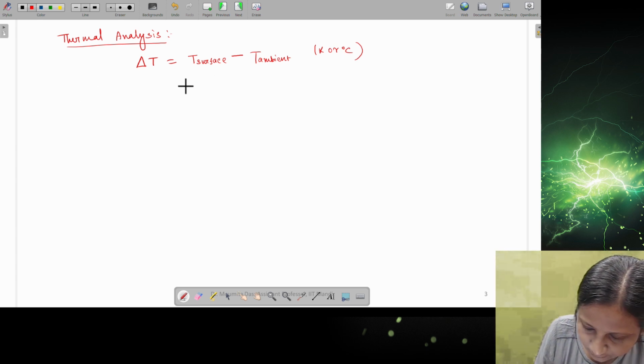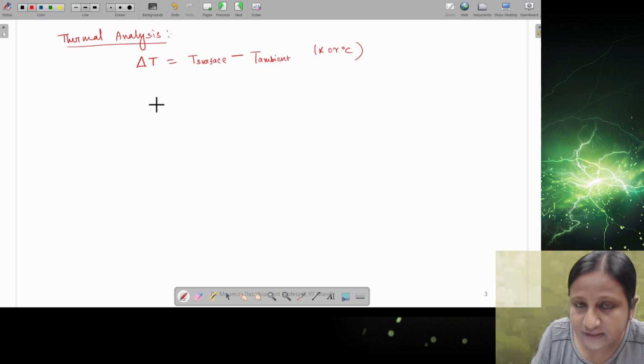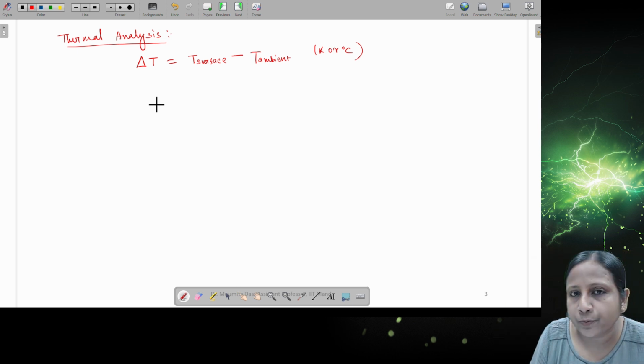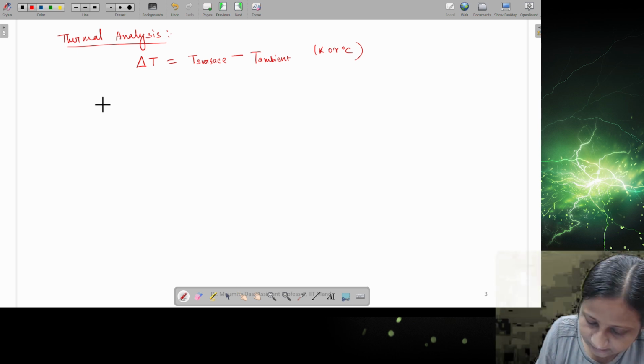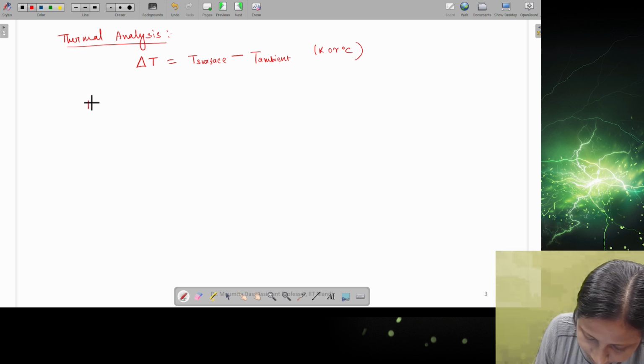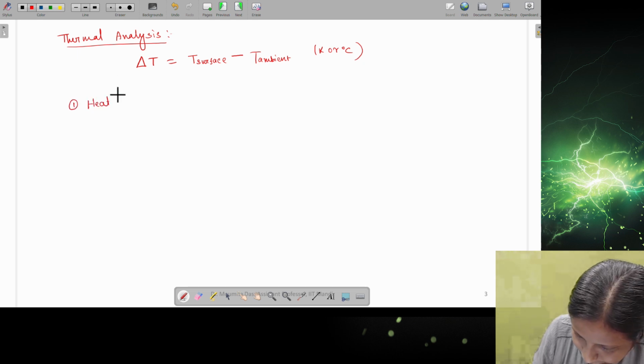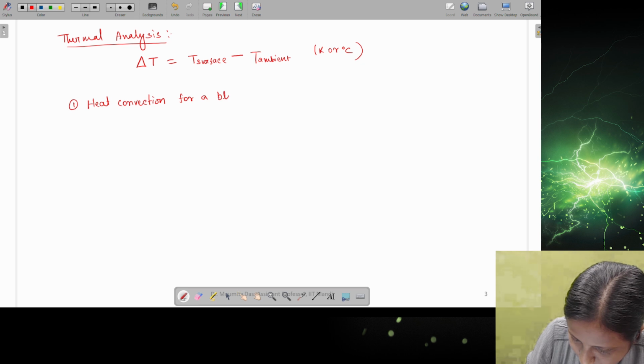Now if we try to find this T surface, it has two components. One part will be heat convection for a black box.